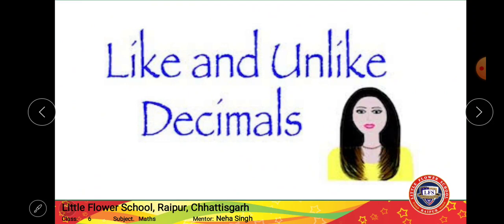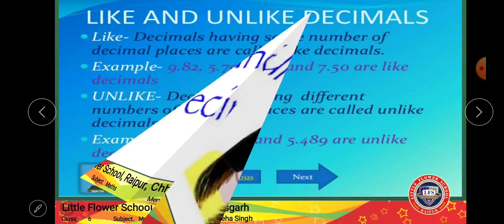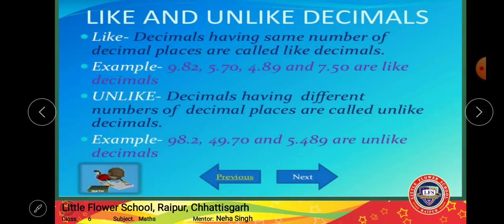Now decimals are of two types. First is like decimal and unlike decimal. Before starting with the questions, we need to know what are like decimals and what are unlike decimals. So see, like decimals have the same number of decimal places, or the same number of digits after the decimal point.